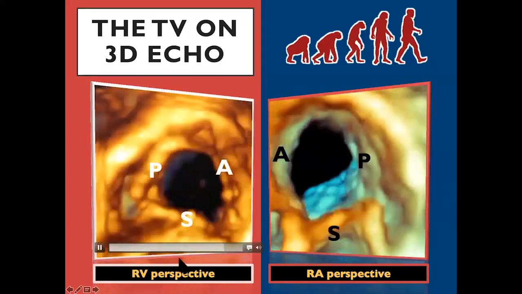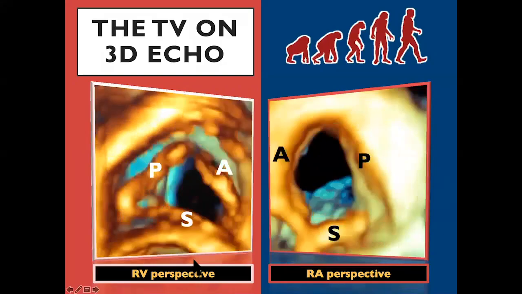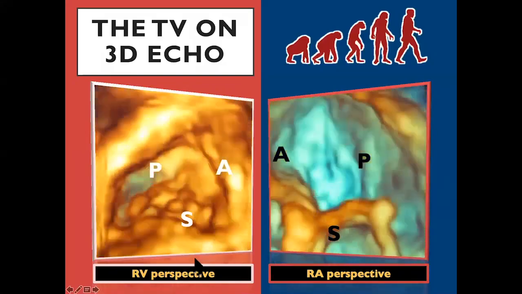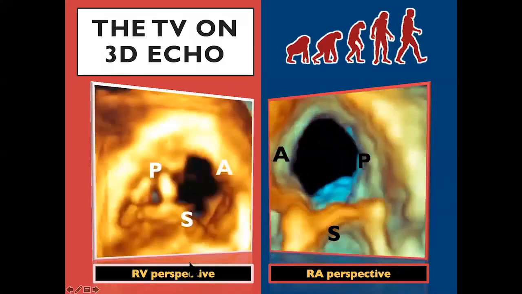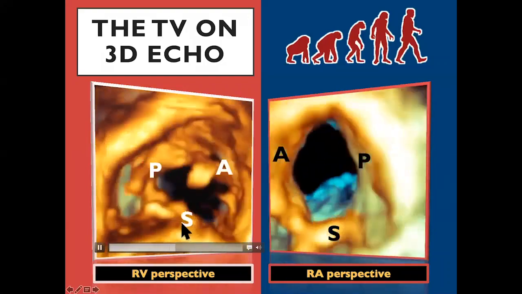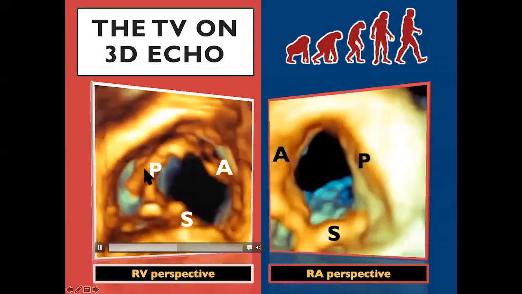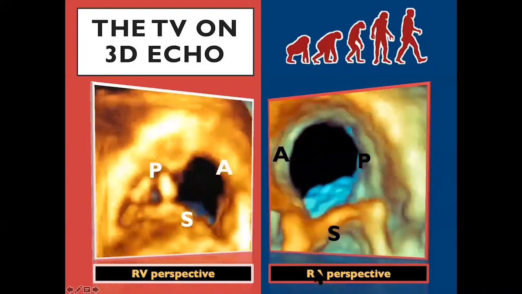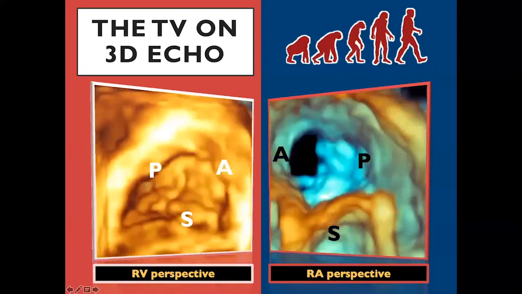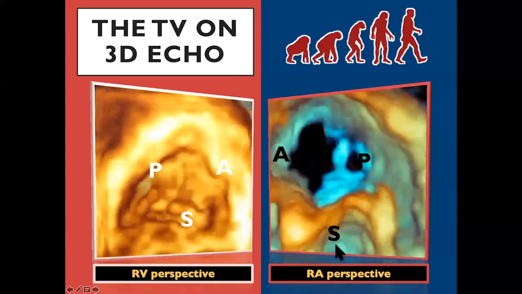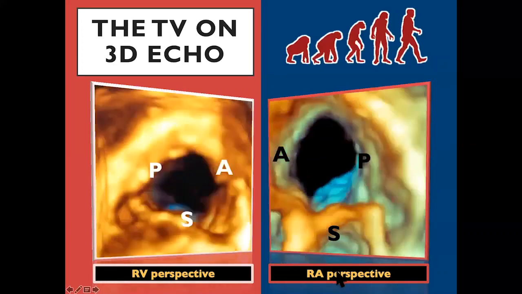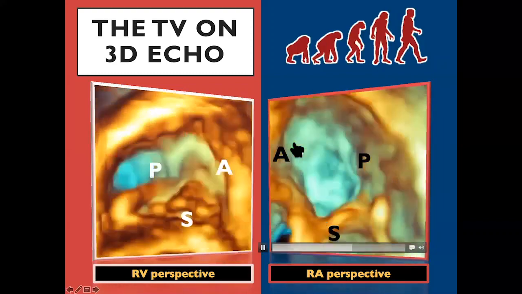This is a view of the tricuspid valve using 3D narrow angle mode from the right ventricular perspective. You can see that the septal leaflet is in the 6 o'clock position, as is the convention. This is the anterior leaflet here and the posterior leaflet here. This is the tricuspid valve as viewed from the right atrial perspective in the same patient. Septal leaflet once again in the 6 o'clock position, posterior leaflet here, anterior leaflet here.